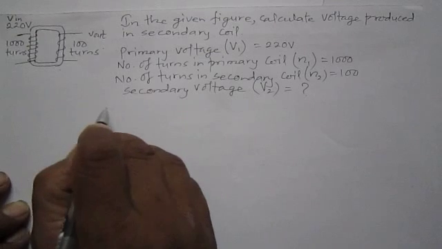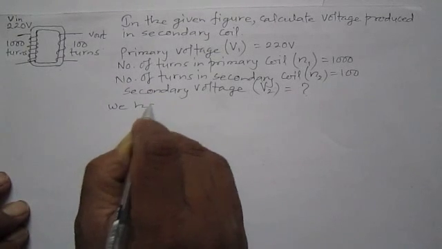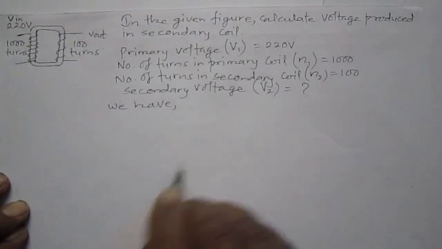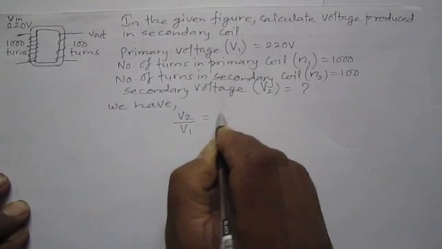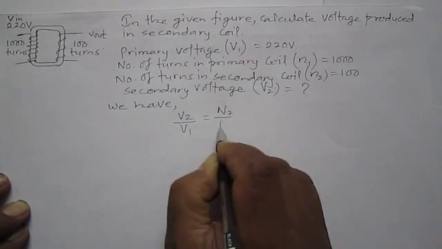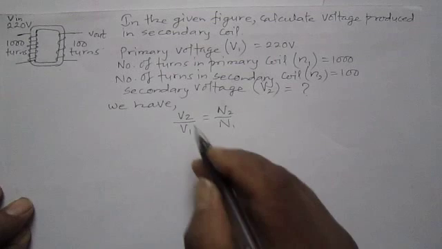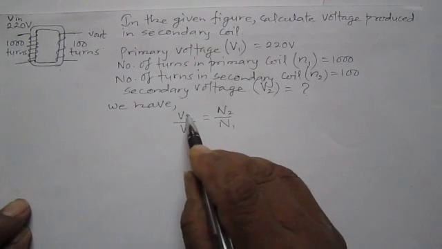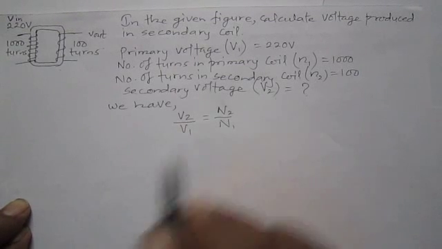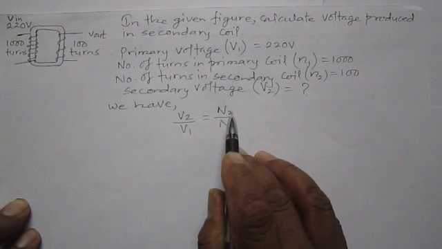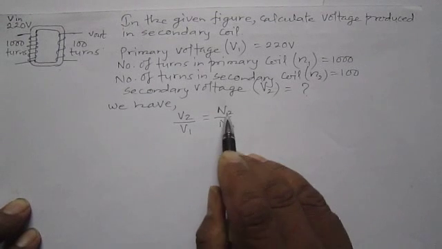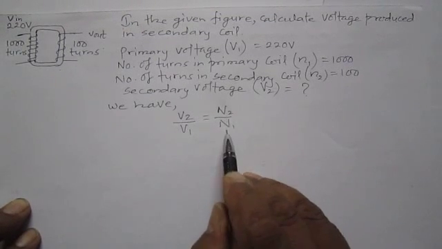Now we have the equation V2 upon V1 is equal to N2 upon N1. What does it mean? The ratio of secondary voltage to the primary voltage in any transformer is always equal to the ratio of the number of turns in the secondary coil to the number of turns in the primary coil.